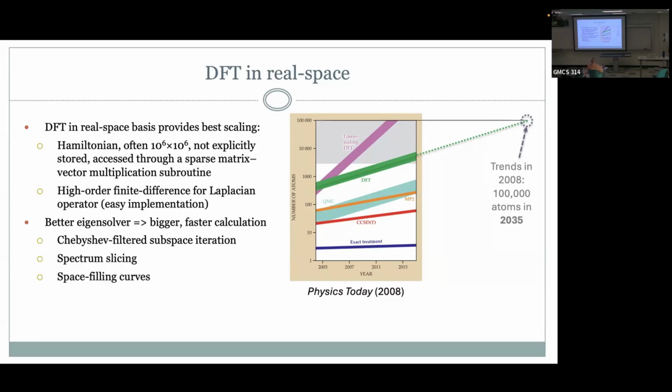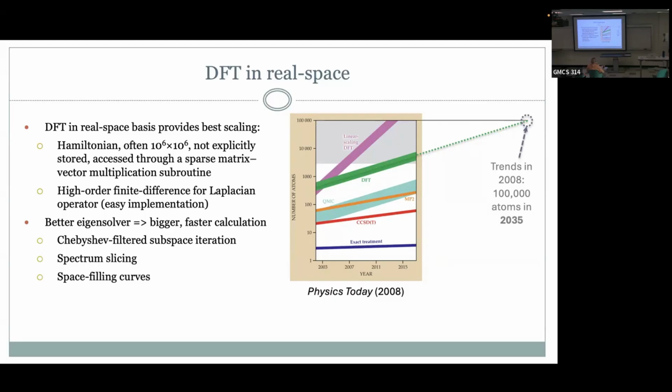So in 2008, there was a short paper describing the trends in different ways of solving the electronic structure problem. As you can see, the exact treatment, where you exactly solve the many-body problem, is scaling up extremely slowly.